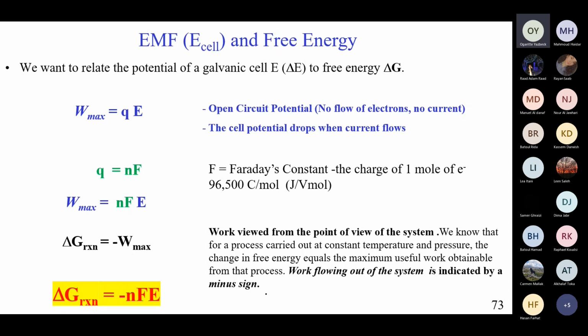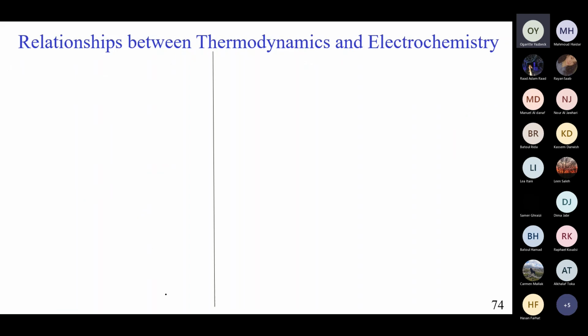And so we substitute in and we get that delta G of the reaction, the free energy, is minus NFE. This is the first equation that I want you to memorize at this moment: delta G is minus NFE. So we related free energy to the potential of a cell.